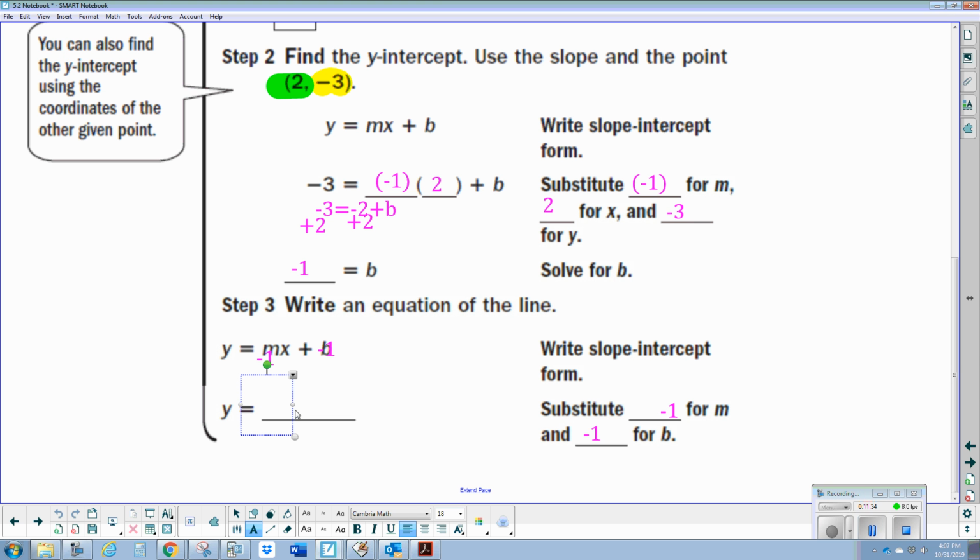I'm going to simplify that so that it makes sense when I read it. So -1 times x is just -x, plus -1 is just minus 1. So my equation of the line that goes through those 2 points is y equals -x minus 1.